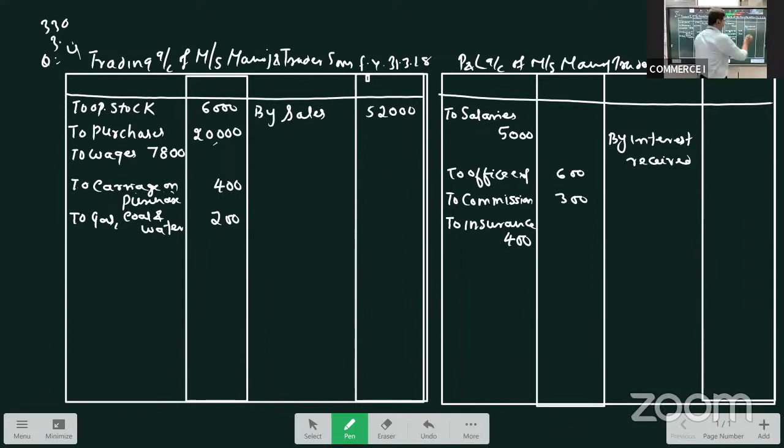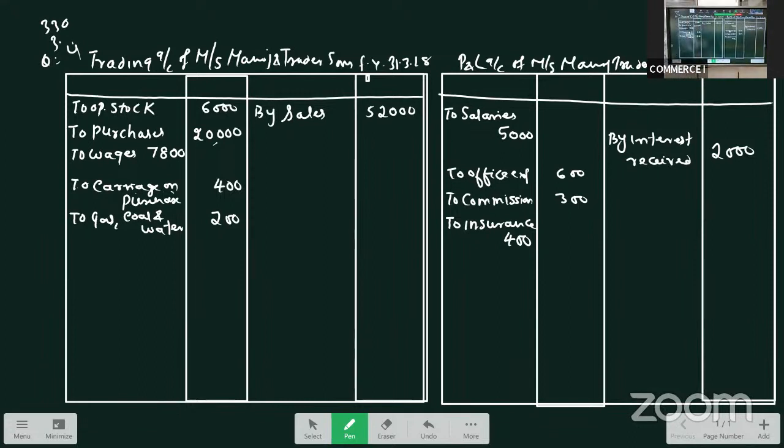Interest received 2,000 will come on the credit side of P&L account. Next, bills payable, liability. Bank overdraft, liability. Outstanding rent, liability. All these are the liabilities. Okay, so we have taken all the items of trading account and P&L account from the trial balance.